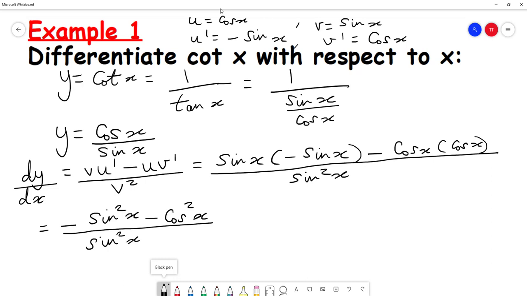So now we could take the minus 1 out and get sine squared x plus cos squared x all divided by sine squared x.